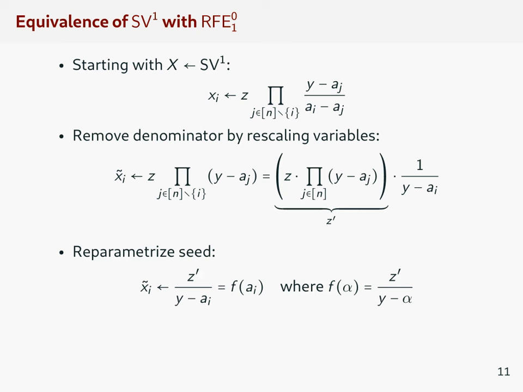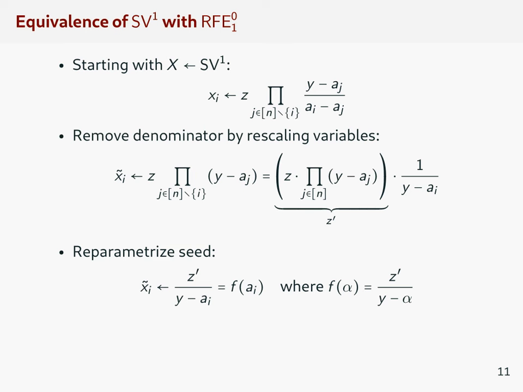The resulting substitution for xi tilde is just z prime over y minus the abscissa for xi, which is really just the evaluation of a rational function at the abscissa for xi, where the rational function has degree 0 as a function of alpha in the numerator, and is degree 1 in the denominator. And if you think about it as z prime and y vary, you get every rational function with these degree bounds. The change of variables and the rescaling of the xi's are both invertible.